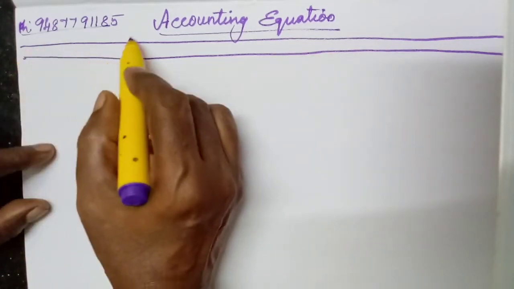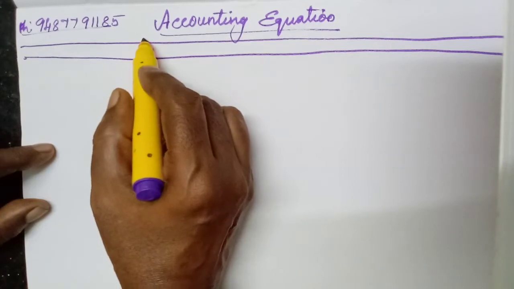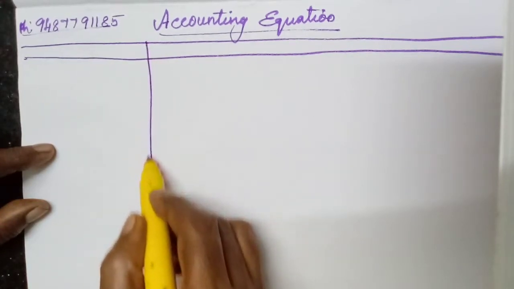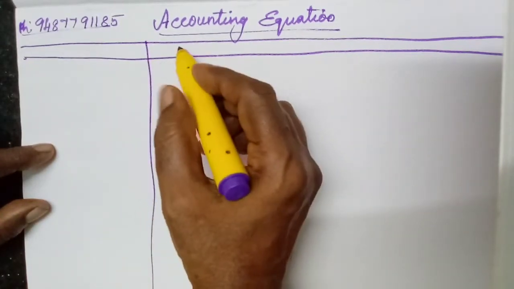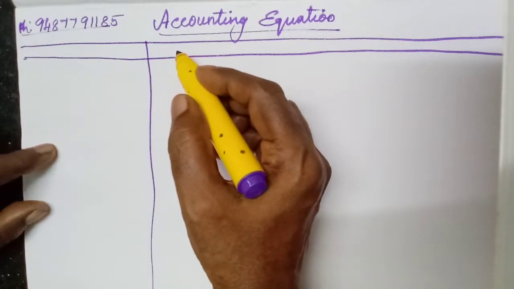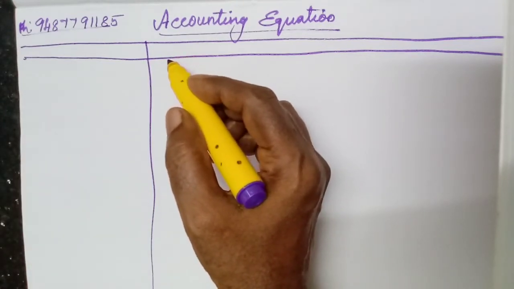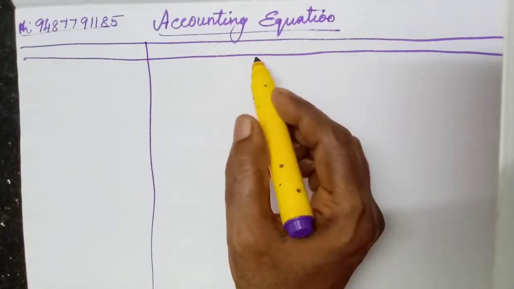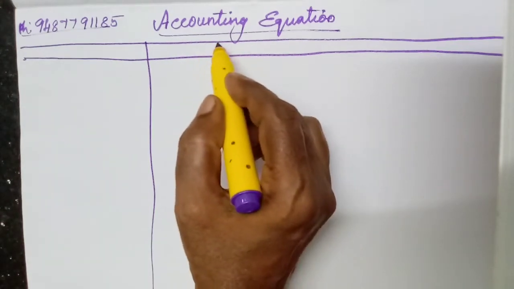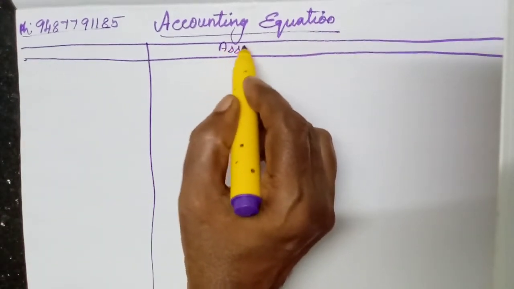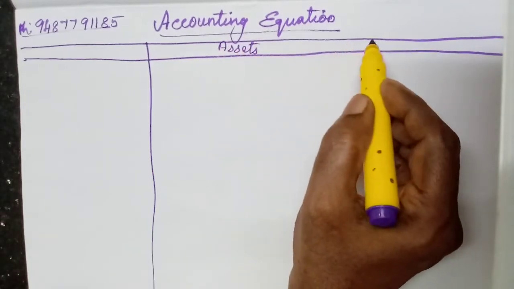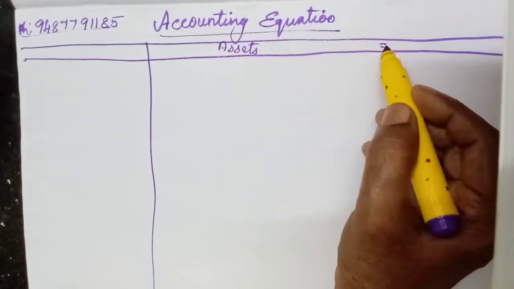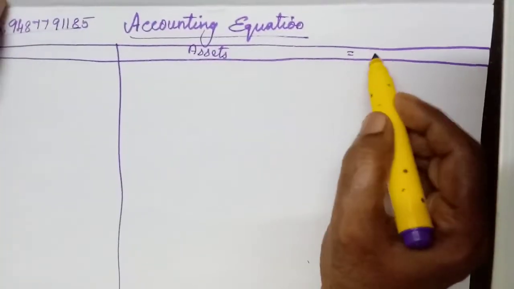First, the transactions we need to write. Then around 4 columns for assets we can write. Assets is equal to liabilities and capital, then 3 columns enough.